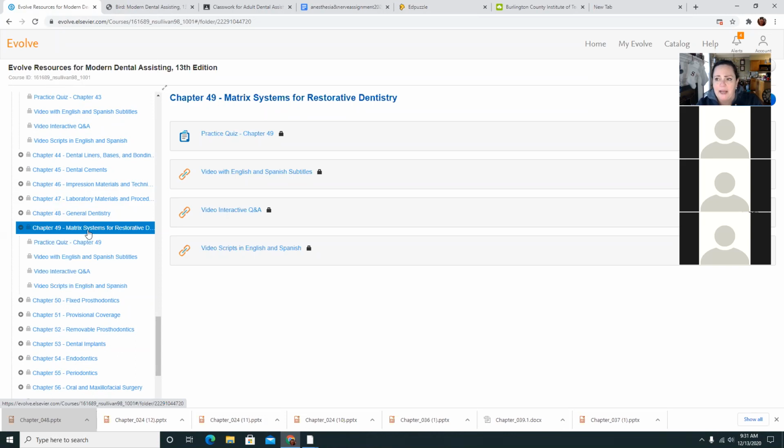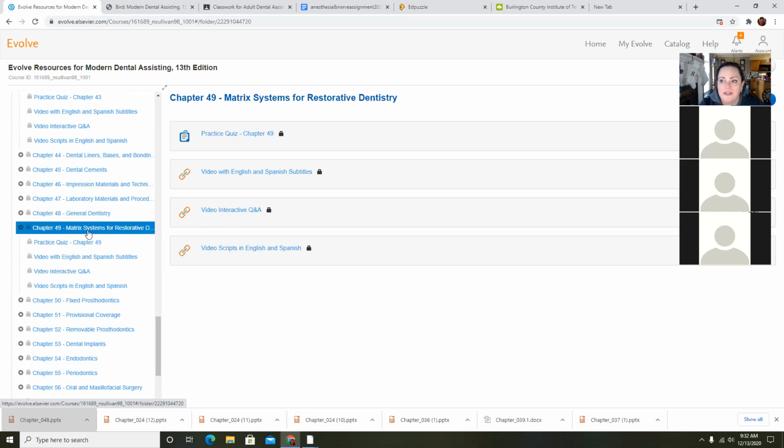So a matrix band on the lower left, I can also place on what other area of the mouth and not change it? Think about your x-rays.